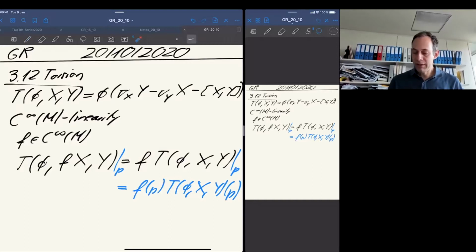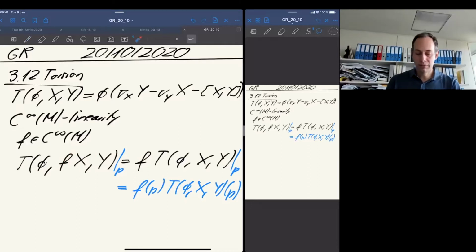So this can only be true if, on the right-hand side of this equality, I just have a factor f of P, which means that if I evaluate the left-hand side only at P, then only the P part of this argument is relevant.